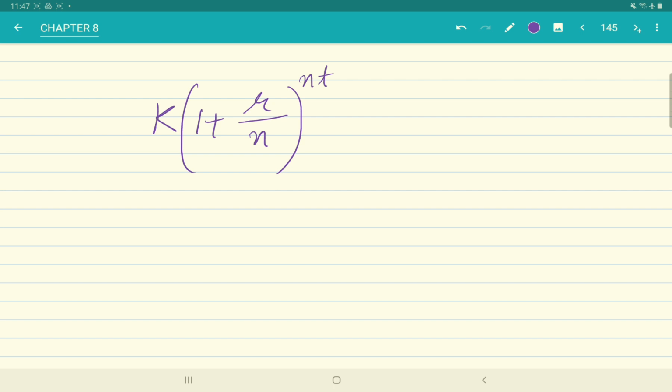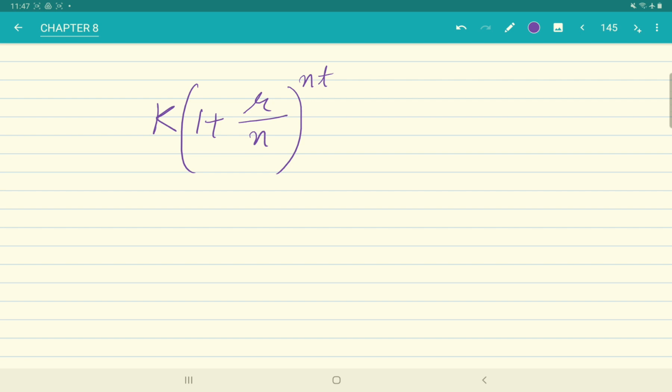So we would just like to know what happens to this expression as that frequency n tends to infinity. In practice, that's not the case. There is surely a limit to how frequently interest can be added to the savings account, so n is definitely not tending towards infinity.